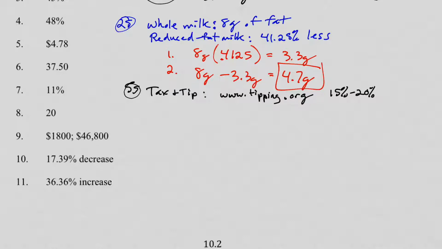Okay. Standard service will be 15 and excellent service will be 20 or more. Okay. So the Leesburg's dinner costs $43.50 before tax, and the tax rate is 6%.